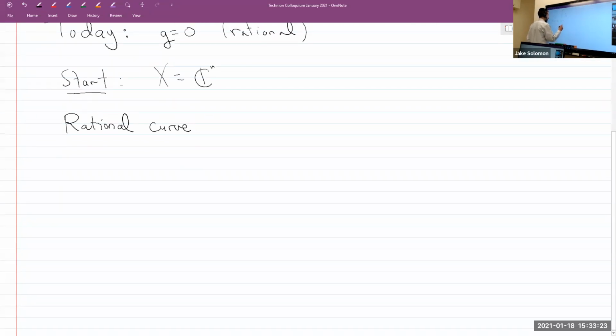Well, that's the same thing as a map from an open subset of C. Actually, it's just going to be C minus a finite set.